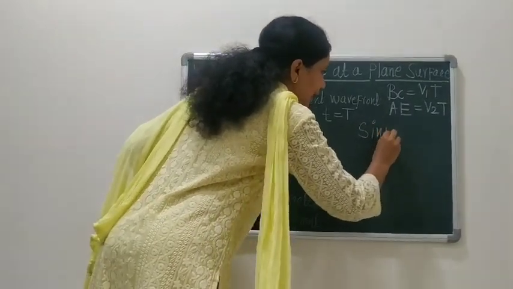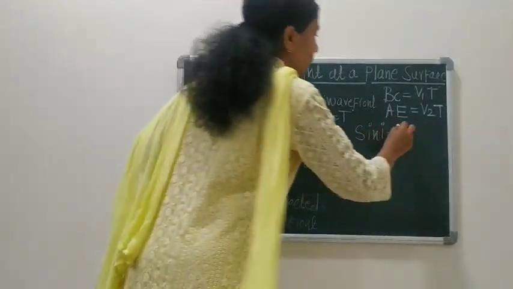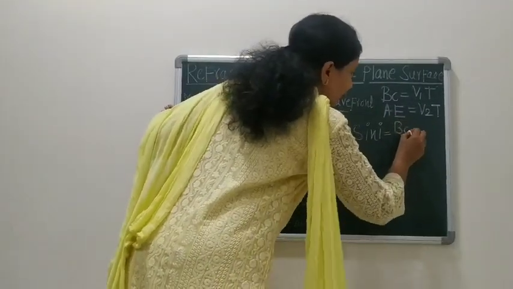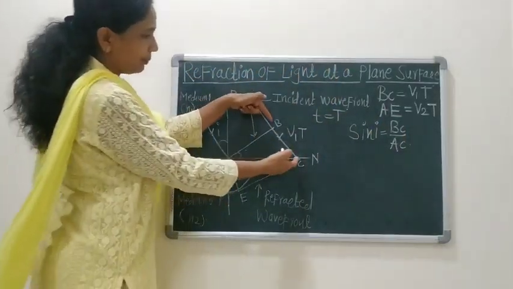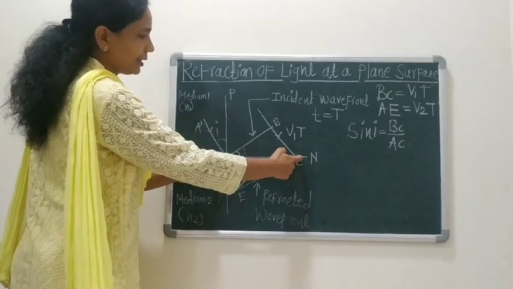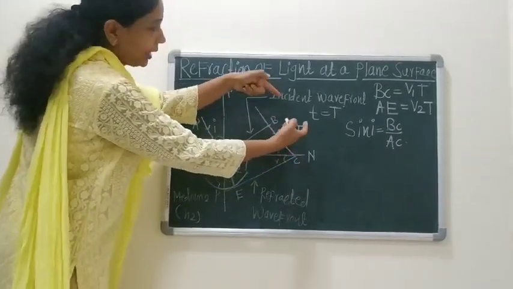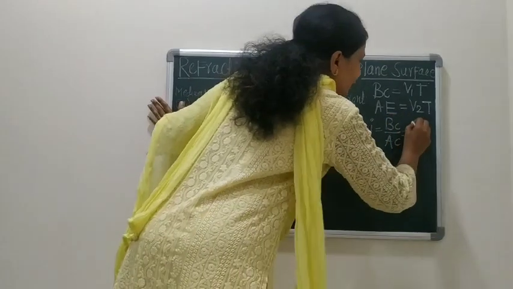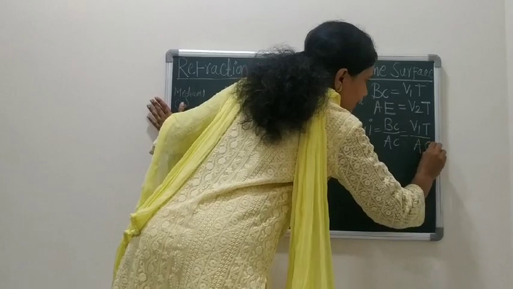Sin I is equal to BC upon AC. Then what is BC? BC is V1 into T upon AC as it is.